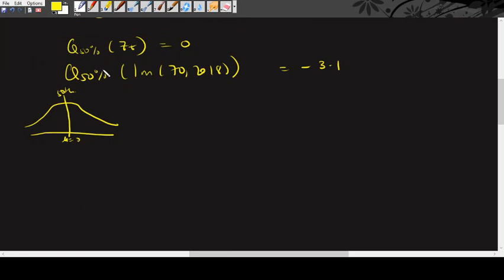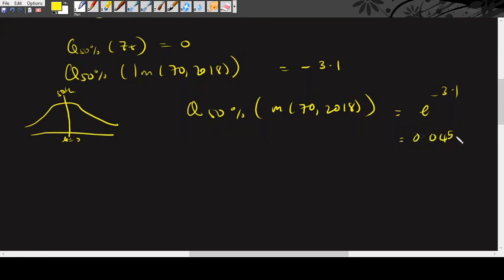Okay, for here we are going to get Q50% of M70 2018, which would be equal to e to the negative 3.1, which is 0.04505.